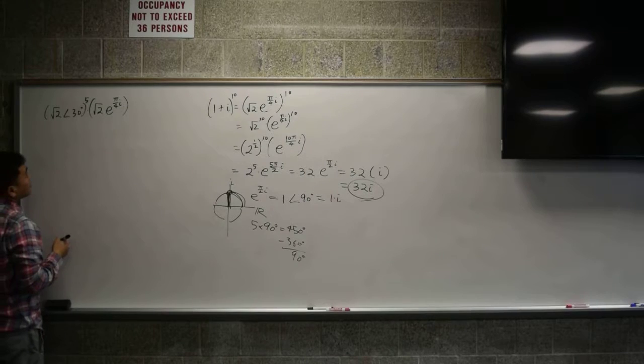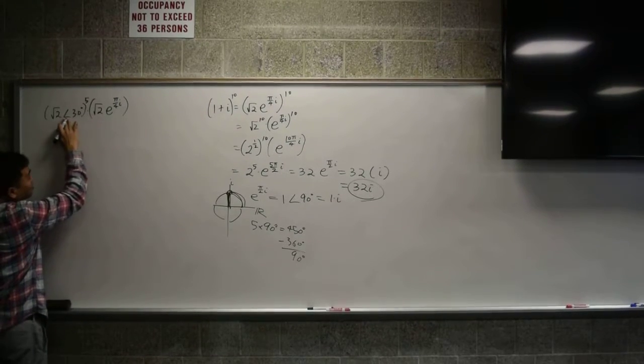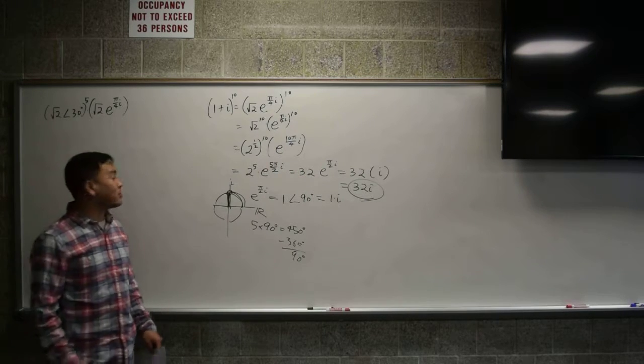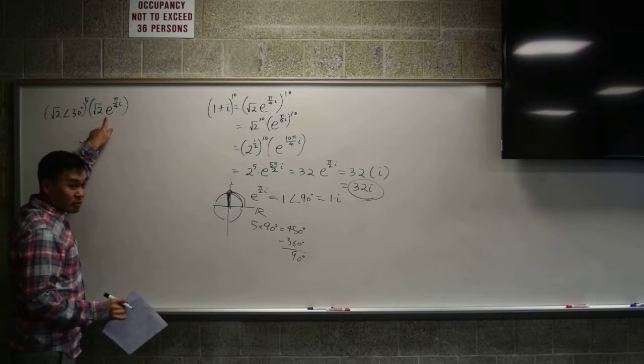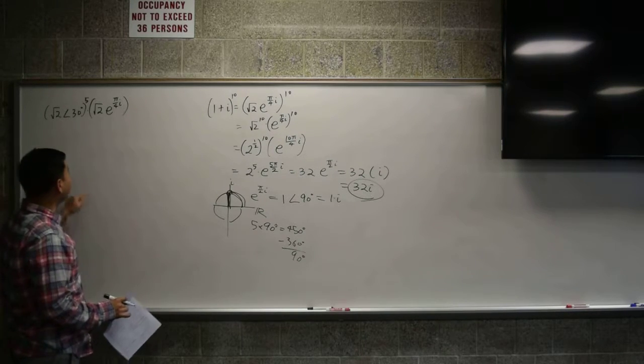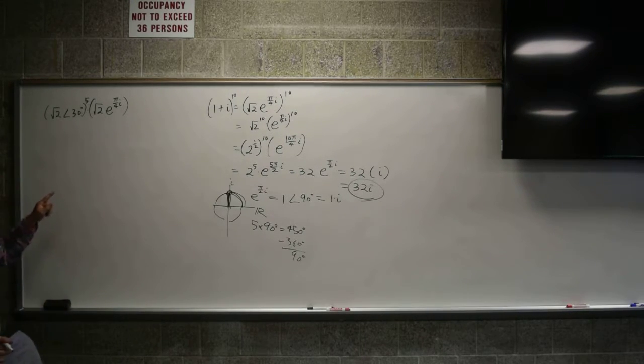Now, since this side is in polar form and that's in Euler form, it will be helpful if you convert either the Euler form into polar form or polar form into Euler form. Let me show you how to do it by changing this into Euler form. Then after this, try to think about a way to do it by making both in polar form.